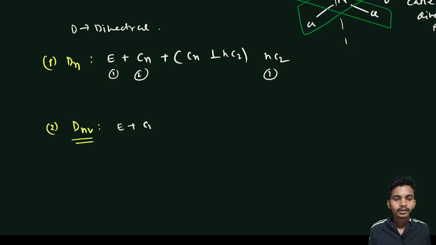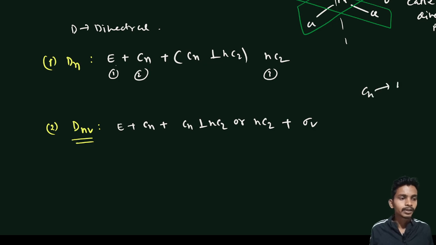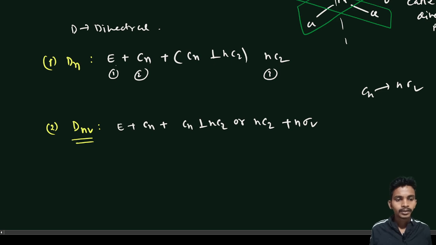E, Cn, plus nC2 perpendicular to Cn, and also sigma d. If one sigma d is present along with Cn, then n number of sigma d, so nσd, is there, and n number of C2 perpendicular to Cn is already present.